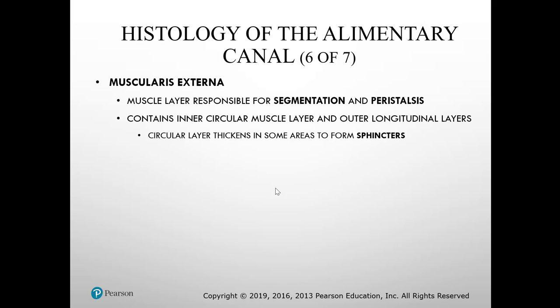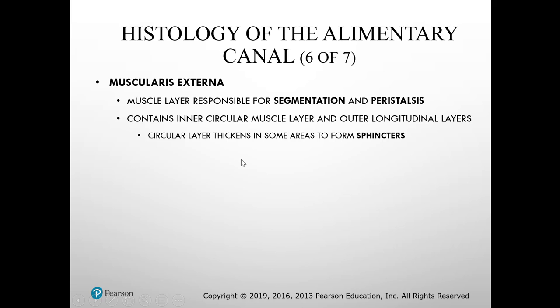And finally, you have your muscularis externa, the main muscular layer of the gut itself. They are responsible for the movement of the tubes, such as segmentation and peristalsis. They contain an inner circular layer and an outer longitudinal layer.